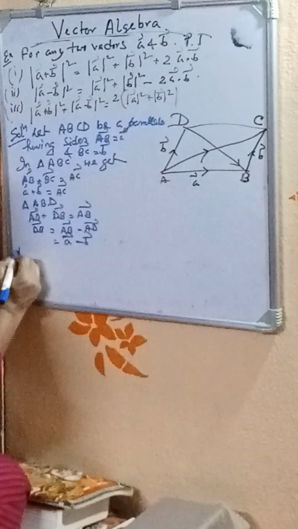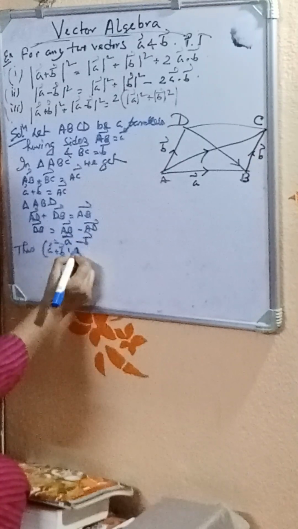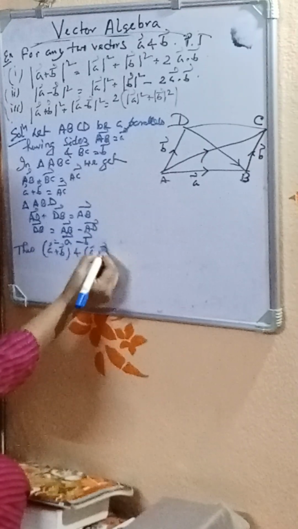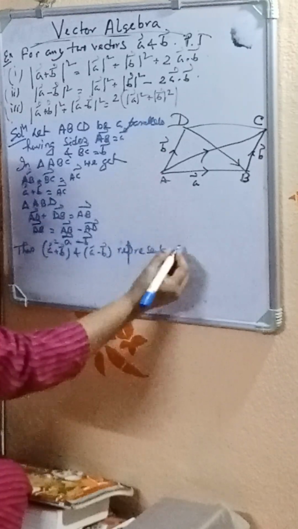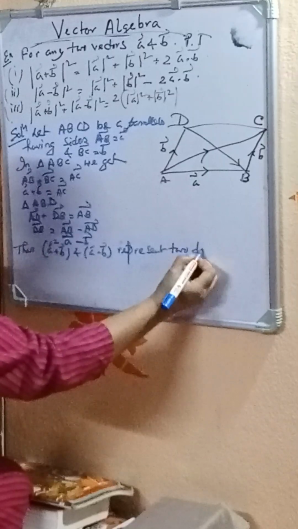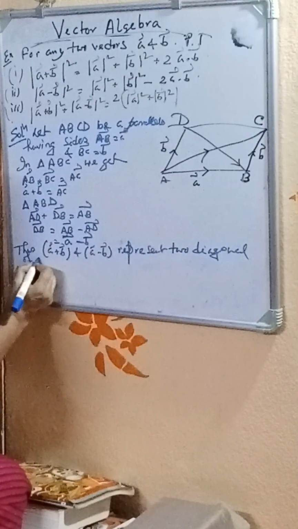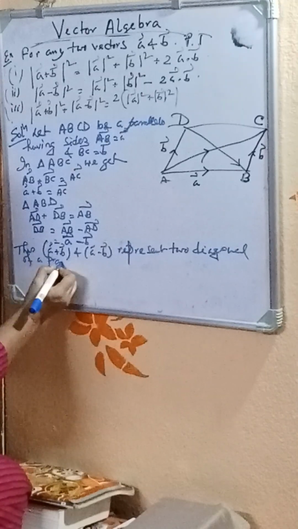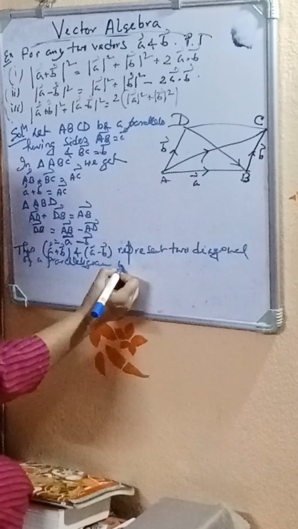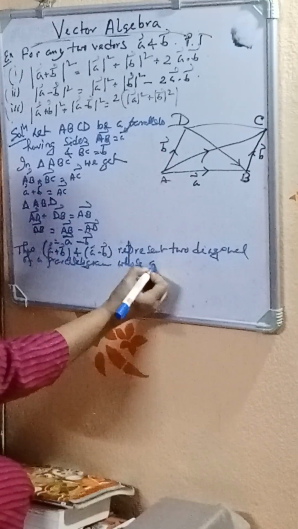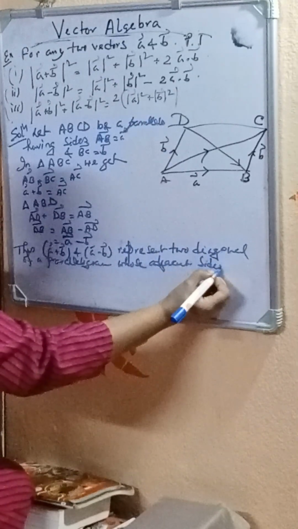Thus, A vector plus B vector and A vector minus B vector represent the two diagonals of a parallelogram whose adjacent sides are A vector and B vector.